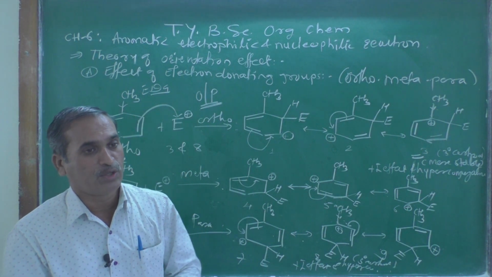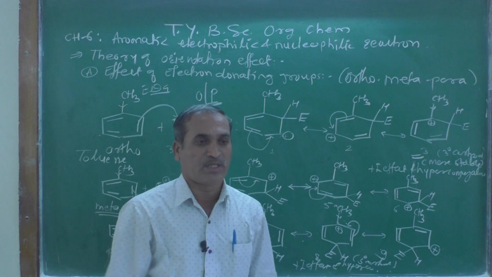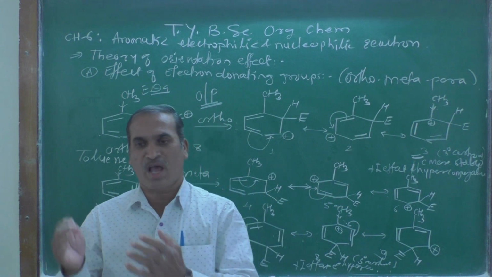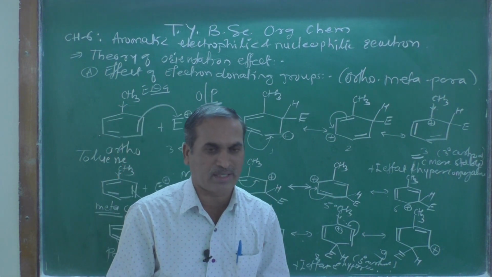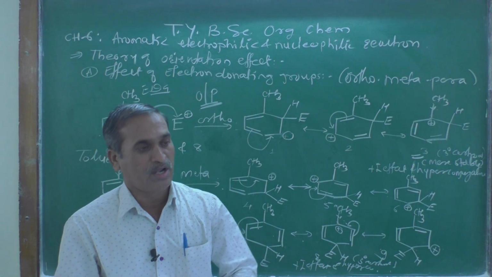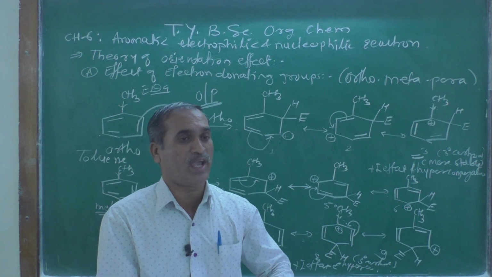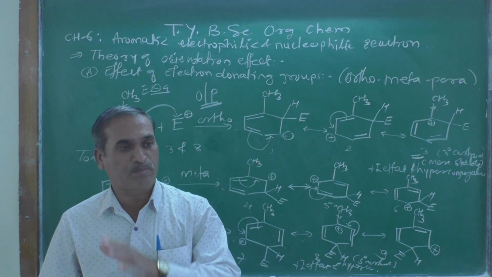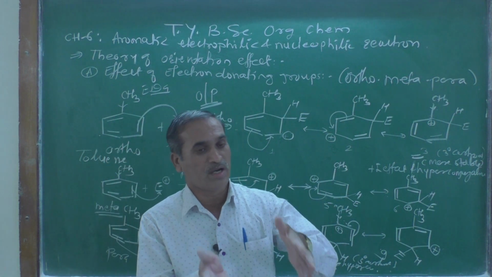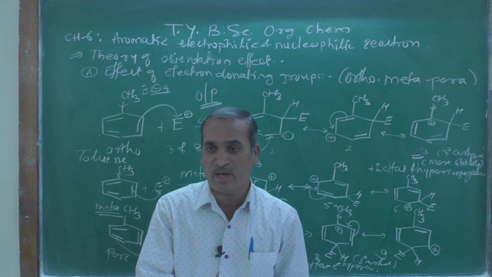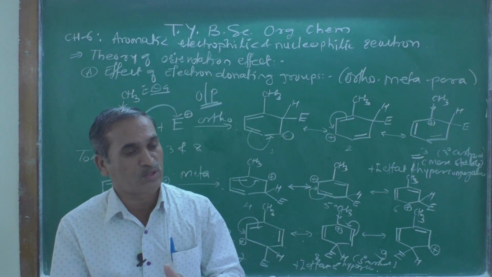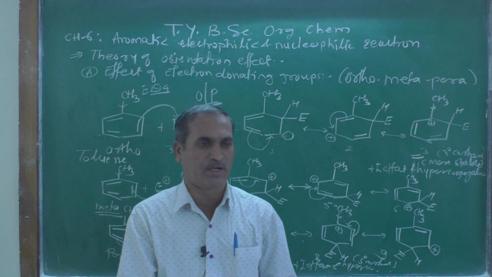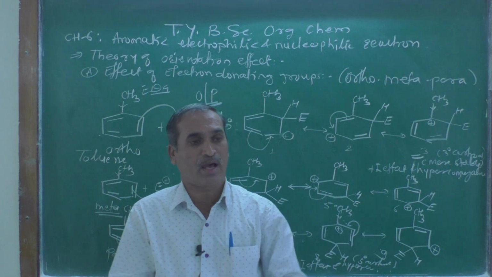That's why when we carry out reactions such as nitration, sulfonation, halogenation, Friedel-Crafts alkylation and acylation, the attack of the electrophile is favored at the ortho and para positions. And among these two, there is a competition between the ortho and the para product.